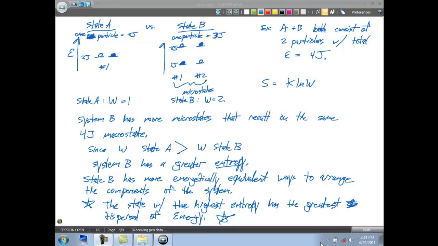Will they diffuse over to the other container? How many states can we look at? And how spontaneous would that happen? Okay? And we're going to look at spontaneity.